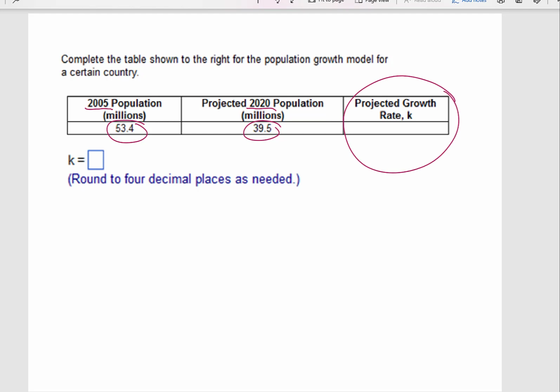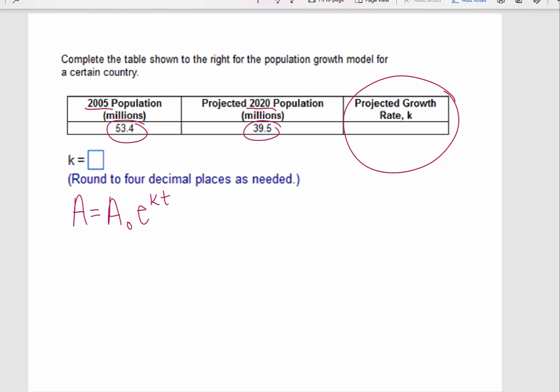So using that growth function that we were using before, and if you can't remember, just go to a question where it's given to you. And remember that A naught will be where we started, and then regular A will be where we end.